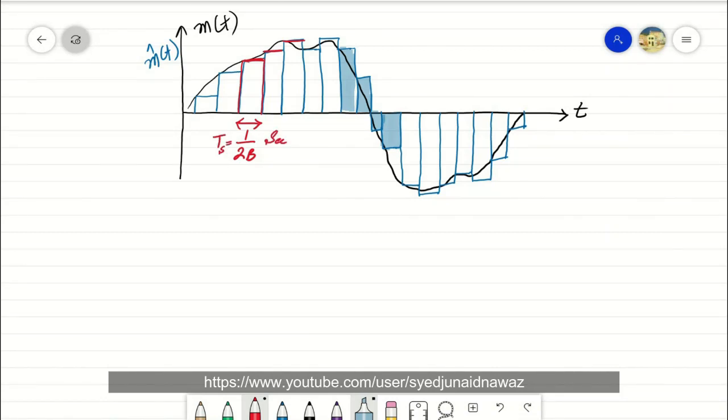Among these blocks, if we consider a typical block, for example, a block starting from time instant t1 up to t2, this block has a constant amplitude which can be referred to as m1. Similarly, all the blocks have a constant amplitude within the span of a block. For example, the following block has a constant amplitude of m2 and so on.